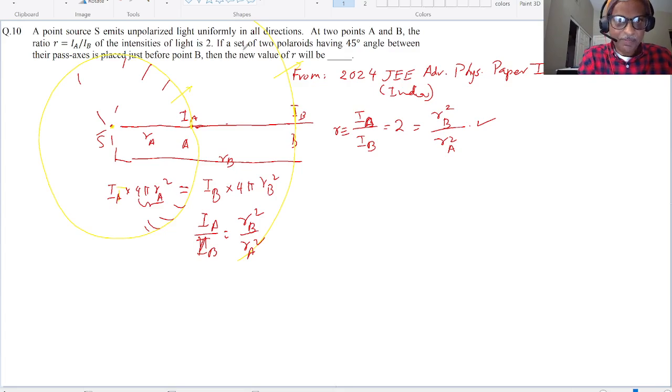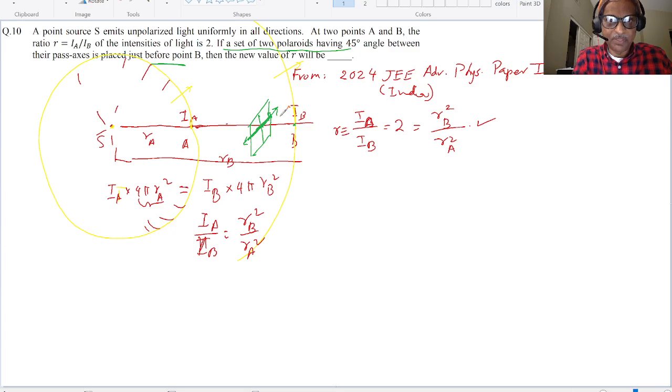Okay, the next part of the question is if a set of two polarizers is placed just before point B, let's say at around point B. This one is at 90 degrees to that. One polaroid has this passing direction, so when light comes out, it is polarized that way.